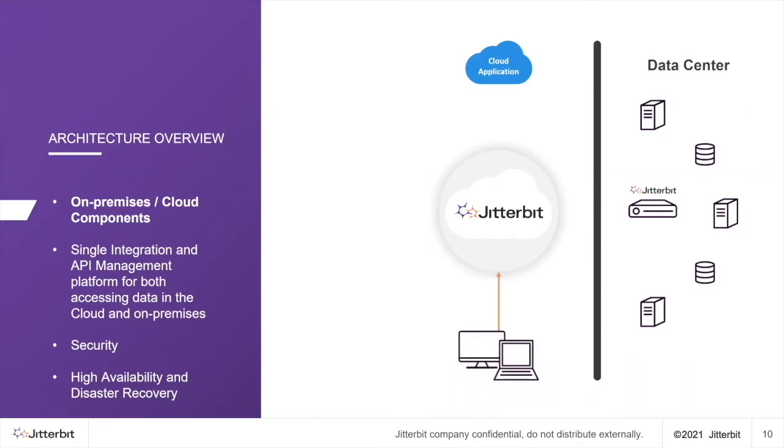Now the user, on their laptop or desktop, builds an integration or API using the tools I just talked about, Cloud Studio or APIM, and deploys it to the Jitterbit cloud. At this point, the metadata goes in the cloud.